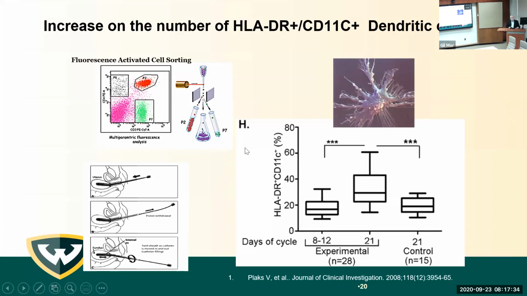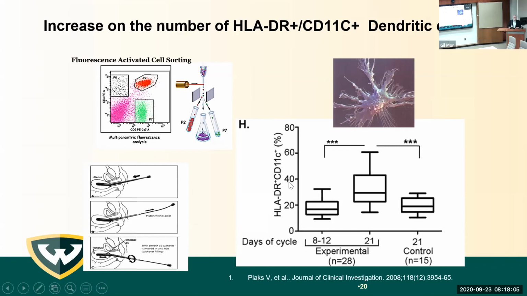We analyzed using flow cytometry for the presence of immune cells, and to our surprise, the only cells that we saw increased in the samples that had a previous biopsy were cells labeled as HLA-DR positive, CD11c positive. Again, these are human markers.